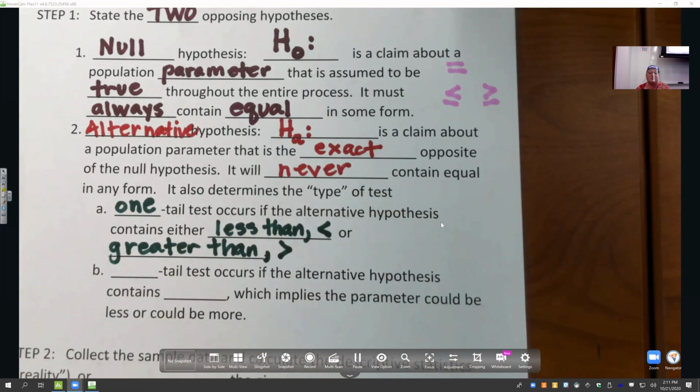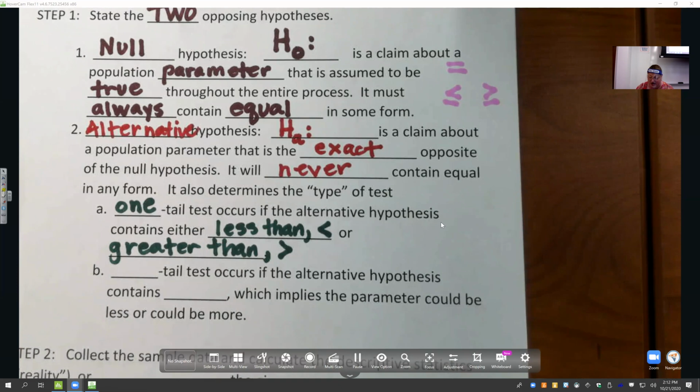The reason it's called a one-tailed test is because if you say that the age is less than 23, okay, you only got one option. You got one option that it's just less than. But on the other hand, I could say the average age is greater than 23. And there again, I just have one option, that it's greater than 23. Okay, so you have one option.